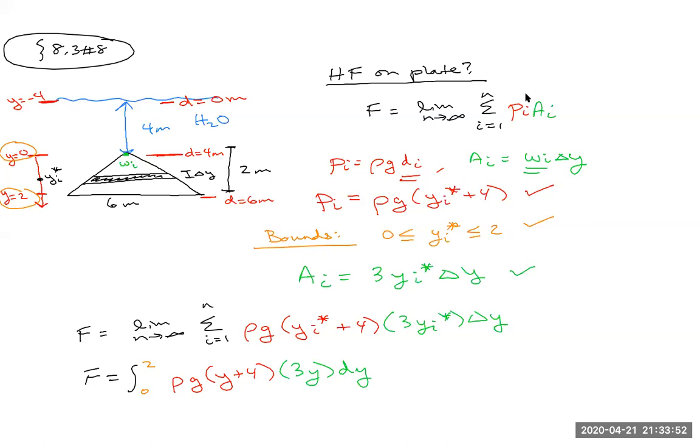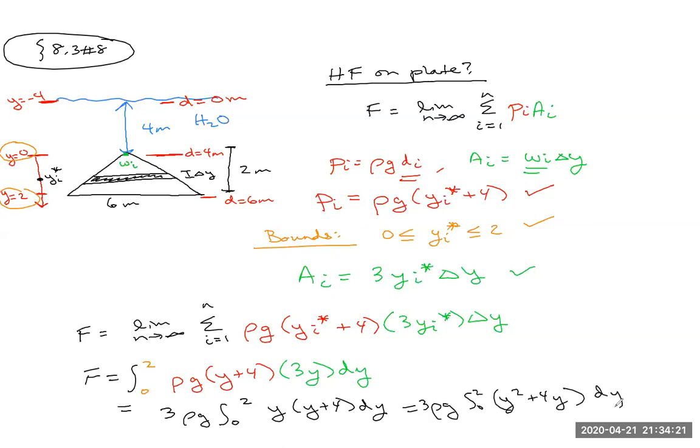Okay, and then that's going to be 3 rho g integral 0 to 2 of y times y plus 4 dy. I'll just keep it on the same page. y squared plus 4y dy. Save.